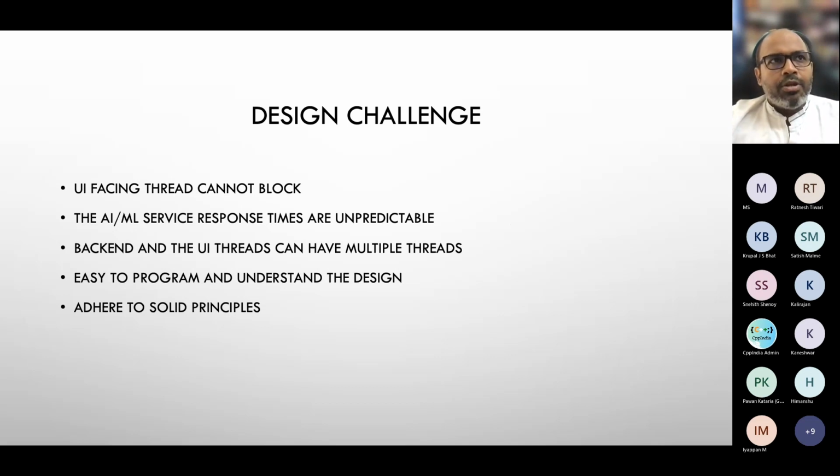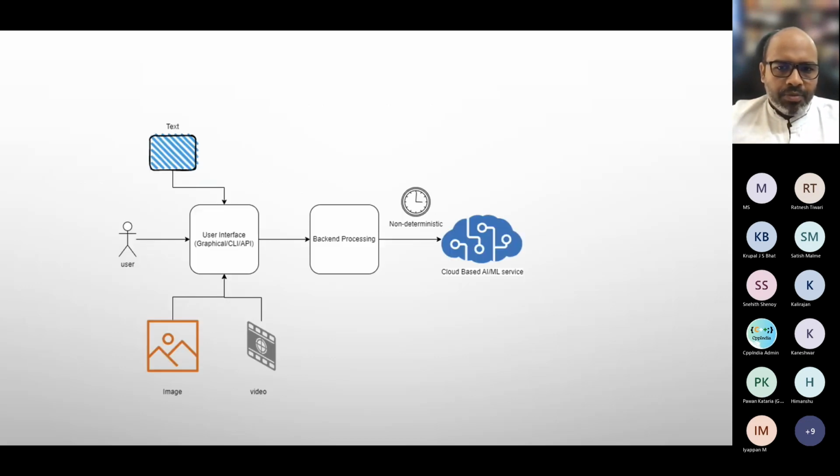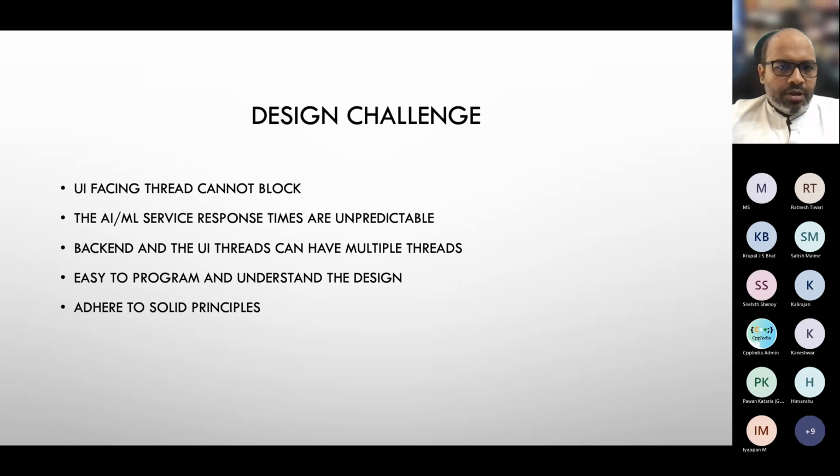You cannot make any kind of assumptions in your system that you will get some response in a certain time duration. It could vary from a few hundred milliseconds to seconds. Even the best of the ML services I've seen, because of the nature of the inference, because the input is unknown, the response times are unpredictable.